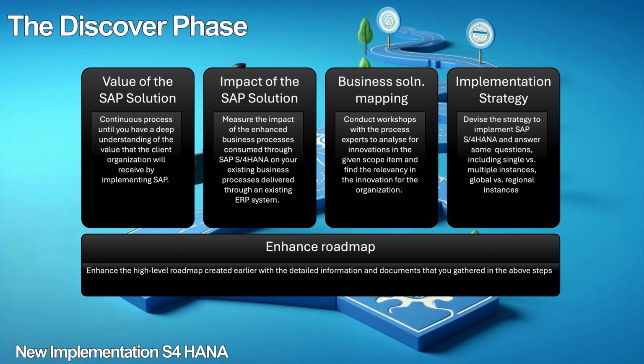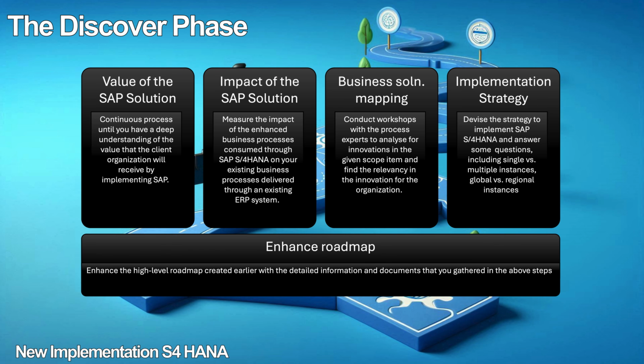Secondly, you must understand the impact of the solution, which is essentially how the enhanced business processes delivered with SAP S4 HANA impacts your business, including any possible roadblocks. Identifying the business scenario and solution mapping is the 3rd step, after which you will devise the strategy to implement SAP S4 HANA. The final step is to enhance the high-level roadmap created earlier.